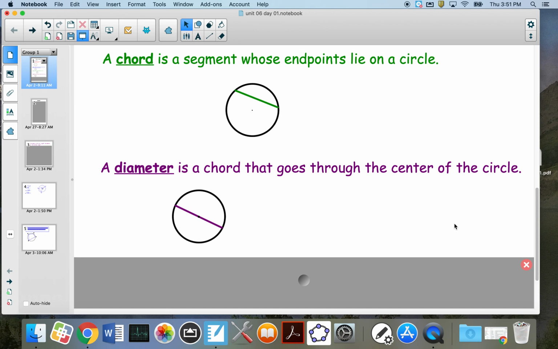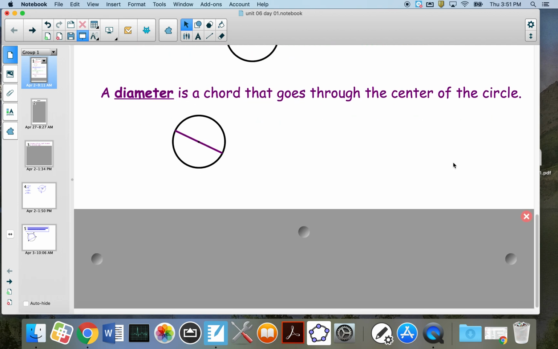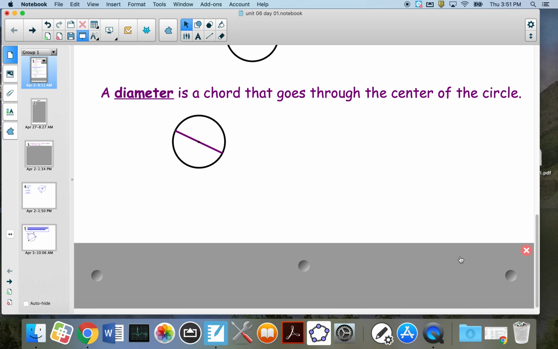Every diameter is a chord, but not every chord is a diameter. That kind of idea we've talked about already with quadrilaterals. We know that a rhombus is a quadrilateral, but not every quadrilateral is a rhombus. So a diameter is a specific type of chord. All right, so those are segments that are special within a circle.